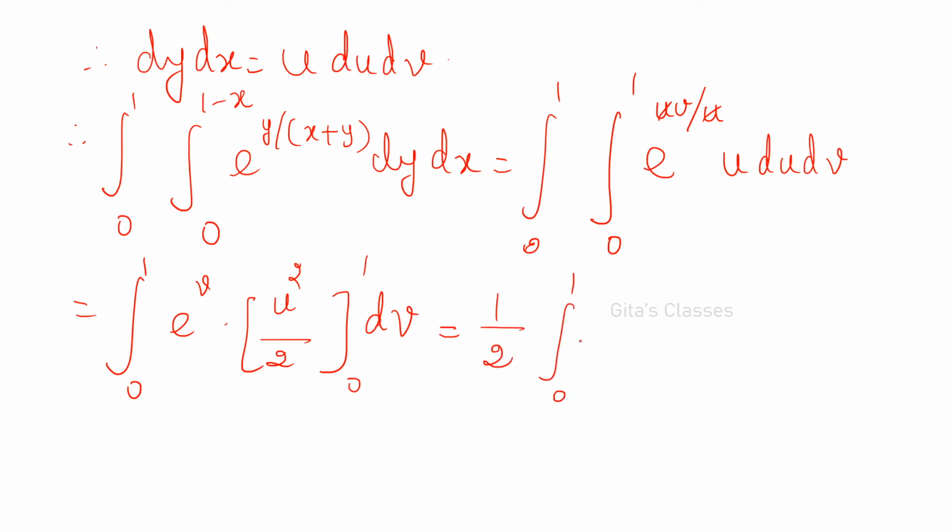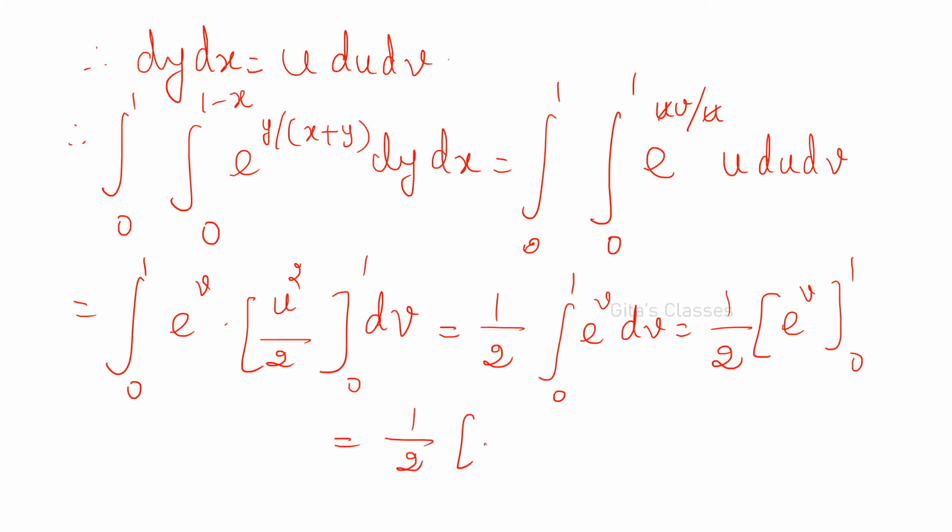So integral 0 to 1 e power v dv, which is equal to 1 by 2 into e power v from 0 to 1. That is equal to 1 by 2 into e power 1 minus e power 0. That is 1 by 2 into e minus 1. This is what we wanted, right? This is the given integral and you are asked to prove that 1 by 2 into e minus 1.